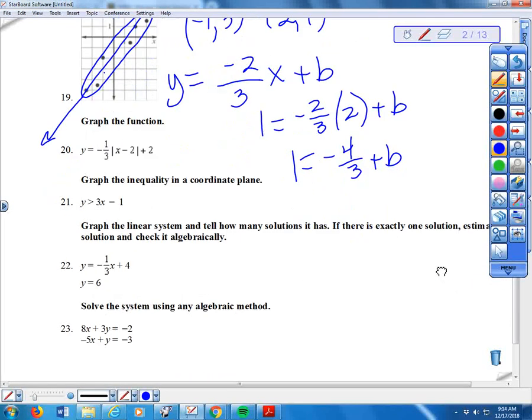Okay, 6/3 plus 1/3 is 7/3. So my equation then is y equals negative 2/3 x plus 7/3. And this is the kind of problem that everyone might have a different answer, but as long as your work shows the process, because your oval may be different than mine and your line may be straighter than mine and went through different points, that's fine, as long as you picked 2 points on your line and then you found your equation.